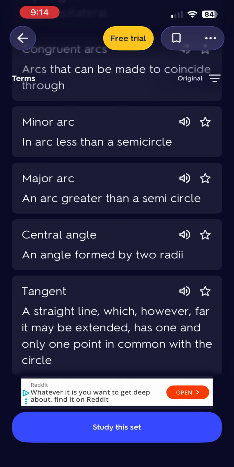Major arc. An arc greater than a semicircle. Central angle. An angle formed by two radii. Tangent. A straight line which, however far it may be extended, has one and only one point in common with a circle.